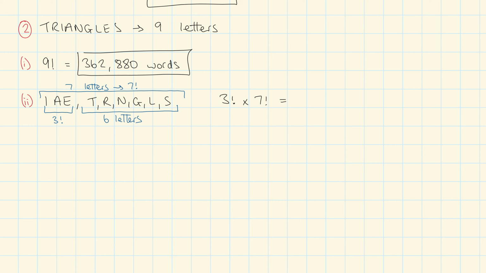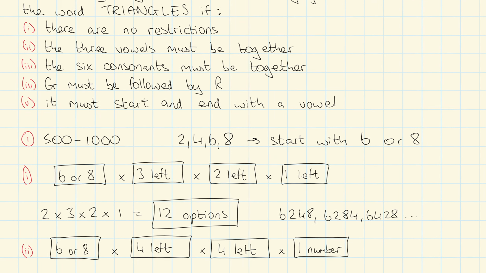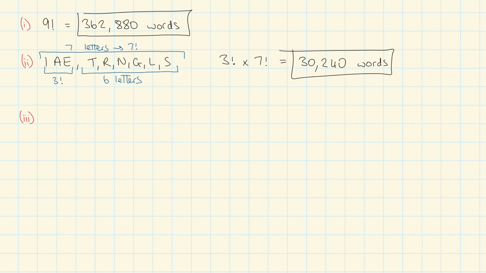So then it'll be 3 factorial by 7 factorial. Into your calculator, 3 factorial by 7 factorial, and we'll get 30,240 words. That's part 2 answered. Part 3 then tells us the 6 consonants must be together. So that gives me T, R, N, G, L, and S as a block.